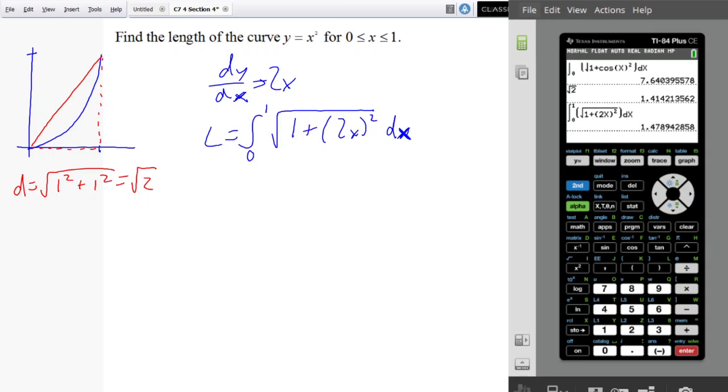Something of note there: make sure that the entire function is inside the parentheses. That 2x is what I'm talking about there. And we can see that our answer is bigger than the square root of 2, so it's an answer that makes sense. We would say that this is approximately 2.479.